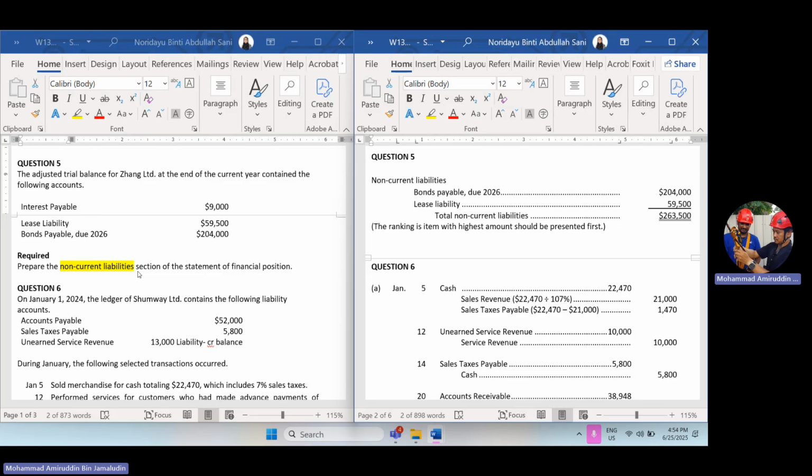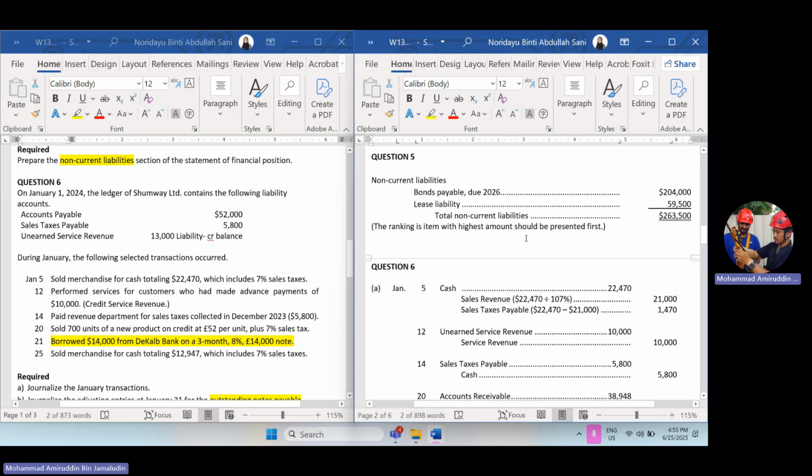So we just need non-current liability, which involves your lease liability and bonds payable. Interest payable is a current liability. The question asks non-current, so only my bonds payable and lease liability. Do not include your interest payable. It is a short-term liability. Within 1 year, you must pay your interest.